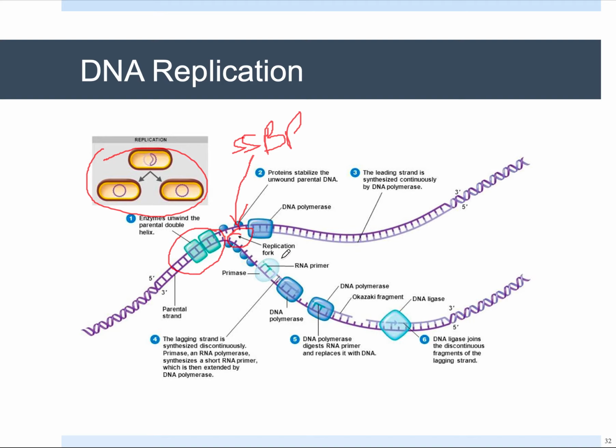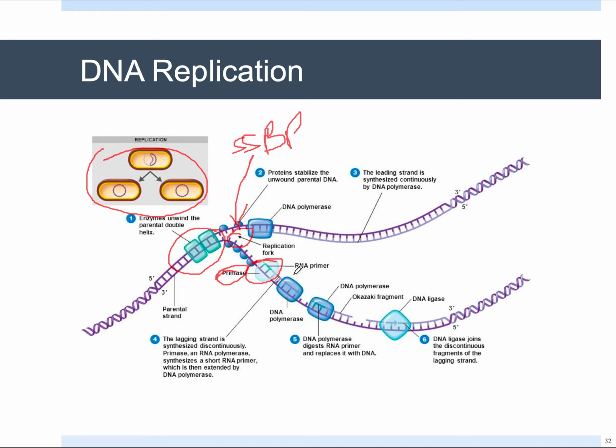You need a primer, a molecule called RNA primer, to attach to where the replication has to start. And the RNA primer is synthesized by primase. So primase will then attach to where the replication should start, where the new strands to be created should bind, and create an RNA primer.